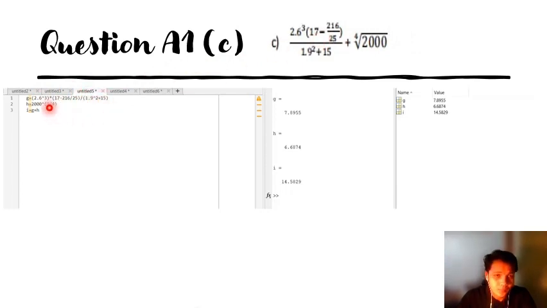And then based on the G equation, we get the value of 7.8955, whereas for the H equation it is 6.86874, and when we sum up G and H, we get the value of 14.5829.